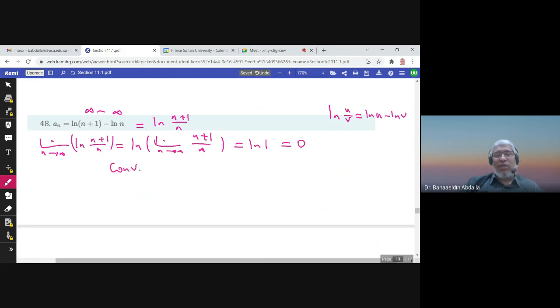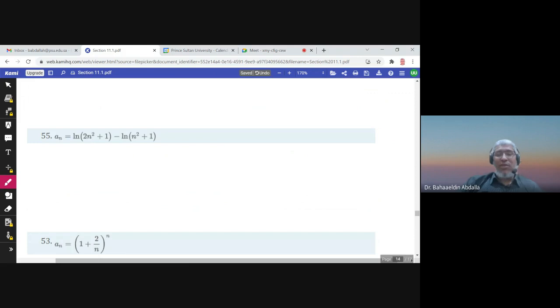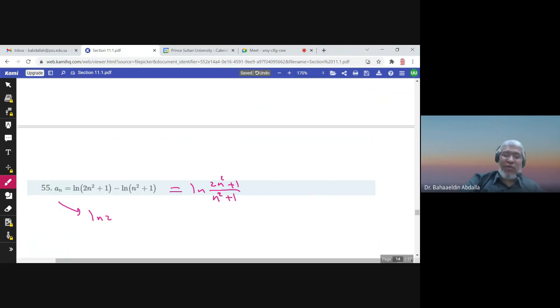So this sequence converges to 0. Similar question, okay? You just write it as ln of (2n squared plus 1) over (n squared plus 1) and find the limit. It would be ln 2, similarly like 48 exactly.